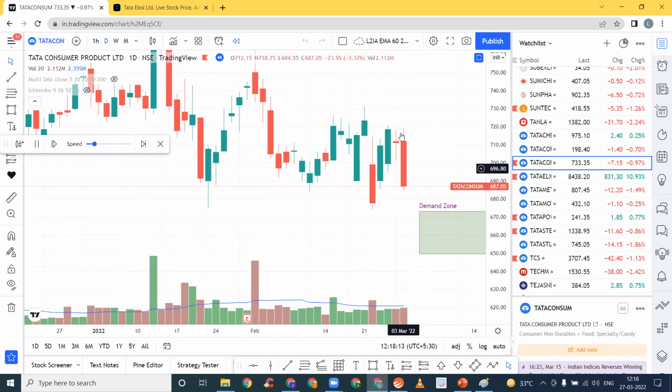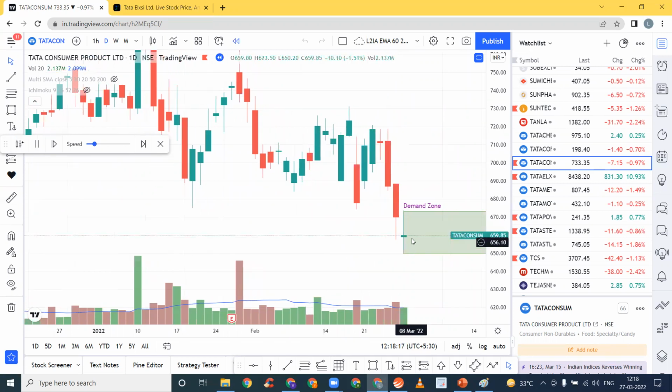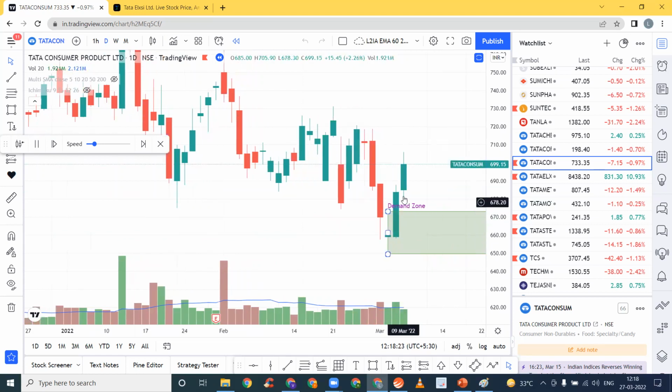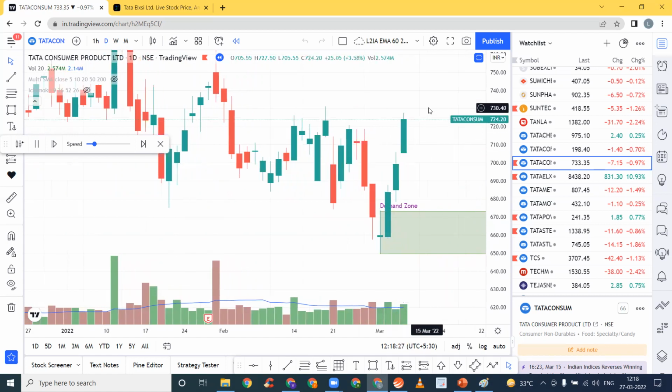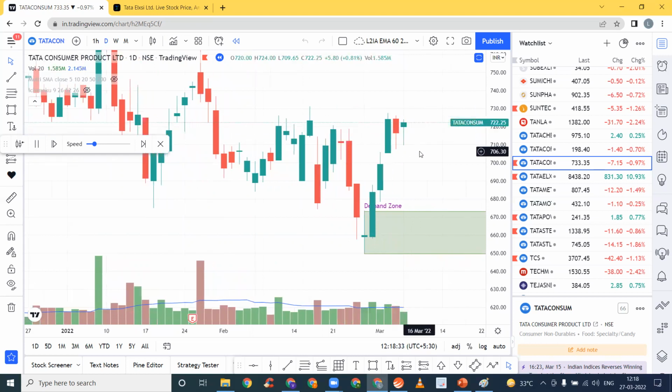A weak candle, a red candle. See here, an indecisive candle. I draw my demand zone. The stock has gone up, it has further gone up. Now the stock is reversing, it is coming down.